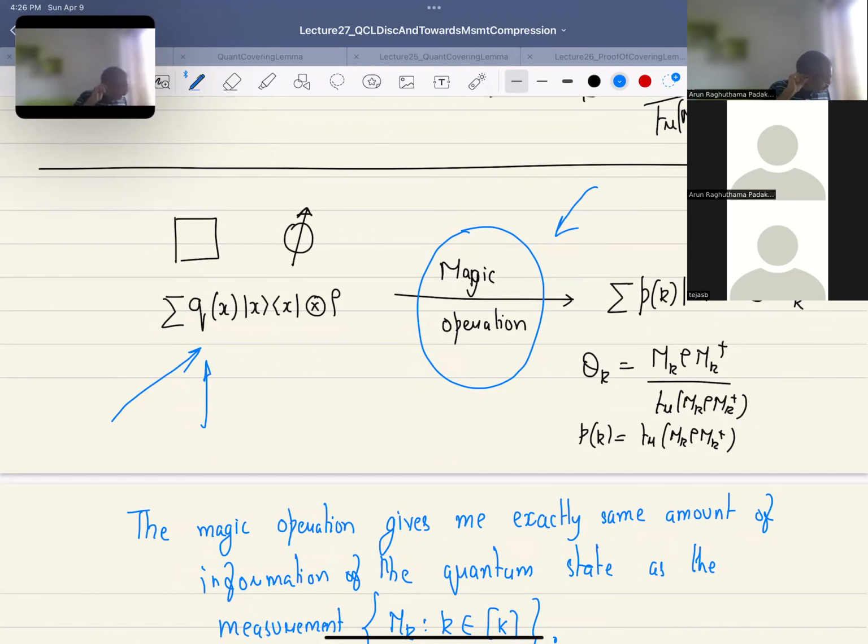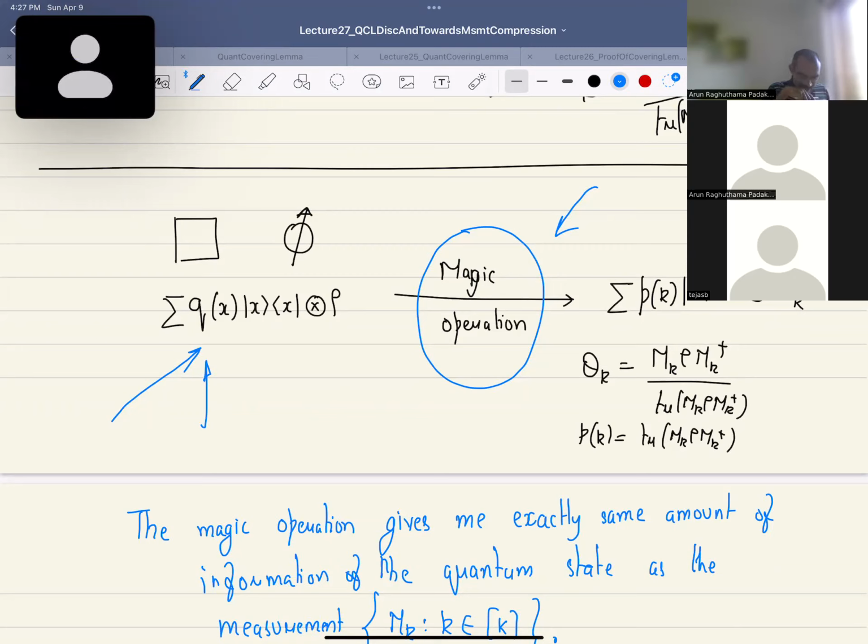Then I claim the magic operation is exactly identical to the measurement process. It is establishing the same relationship between the classical register and the quantum register. And I claim how much ever information I'm getting from the measurement process, I'm getting exactly the same amount of information about the quantum state from the magic operation. Do you agree?